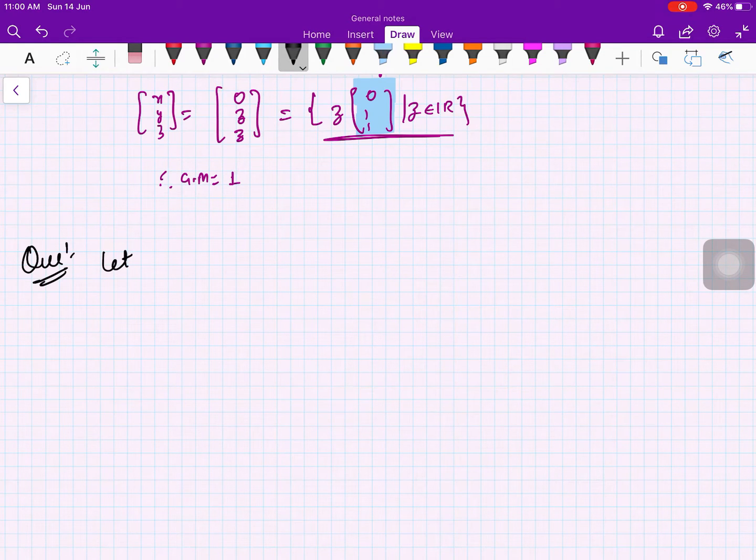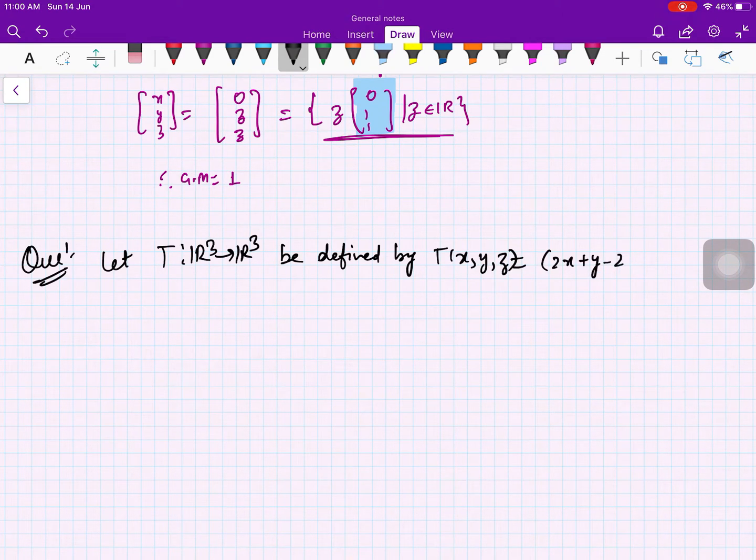Question is, let T from R cube to R cube be defined by T of (x, y, z) is equal to (2x plus y minus 2z, 2x plus 3y minus 4z, x plus y minus z).